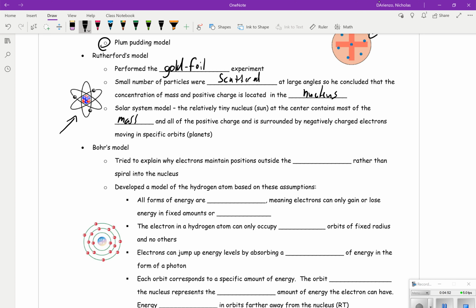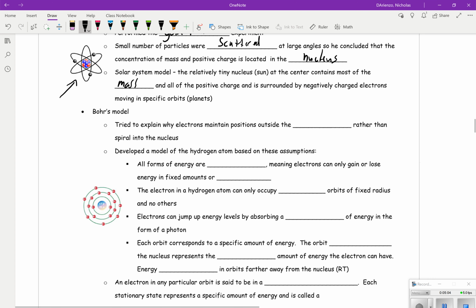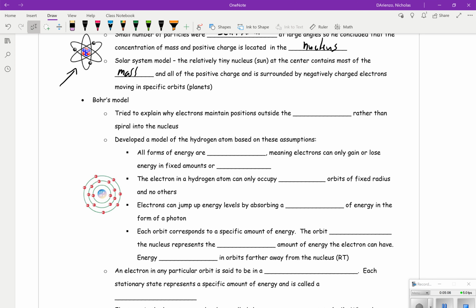And then we have all the positive charge surrounded by negatively charged electrons, or planets, that are moving in specific orbits around the nucleus. And this served as a pretty good understanding for a little while, but it couldn't quite explain the appearance of spectral lines of different elements.